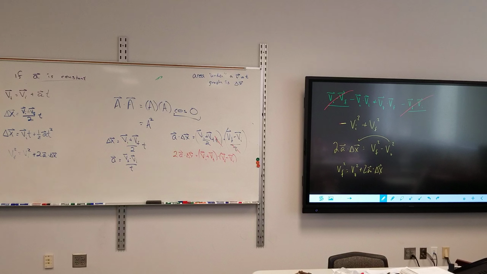Some textbooks, I don't think yours does, but some textbooks will throw in a fifth equation. To get the fifth one, you solve for VI here and plug into this equation, and you get a fifth one. I tend not to do that, but we can make do with what we have here.